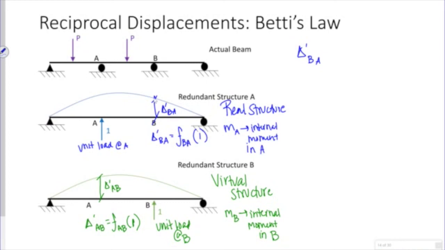if this was my actual real structure, structure A, and it was subjected to a unit load at A, and I wanted to find my deflection at B, I would apply a unit load at B as my virtual structure.